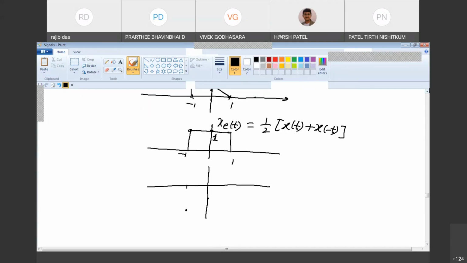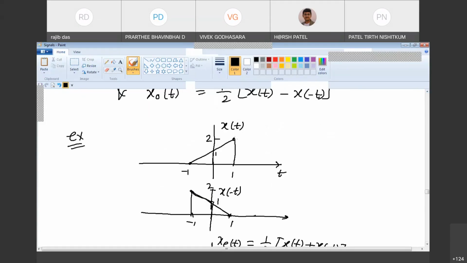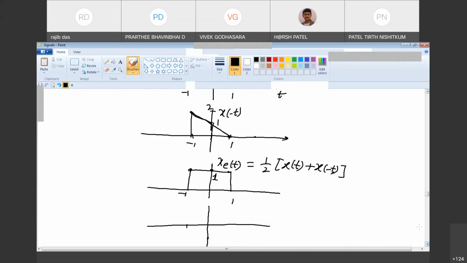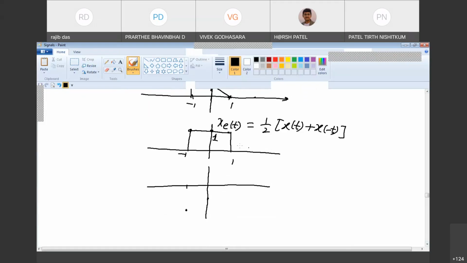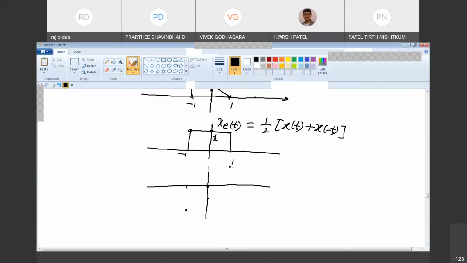At this point it is 2 minus 0, which is 2. At this end, it should be 2. And at 0, at the origin, both will have 1. 1 minus 1 is 0. So it should be 0. So I'll have a straight line like this.